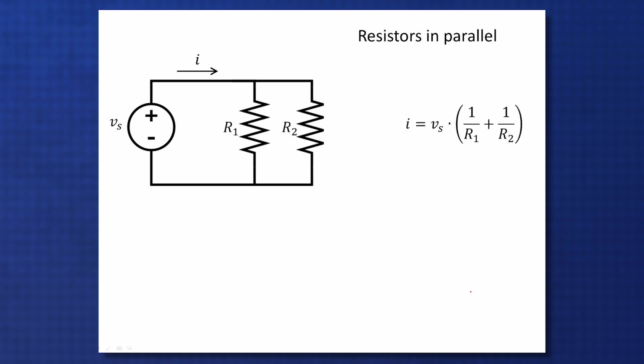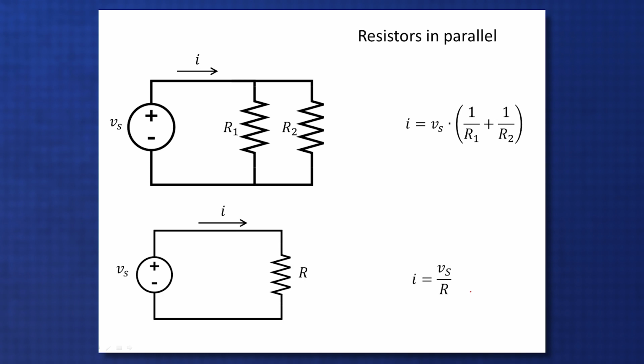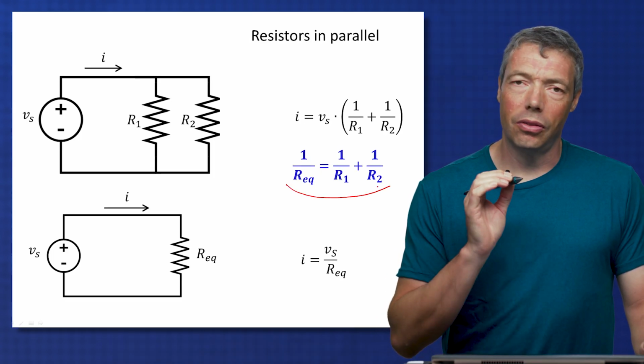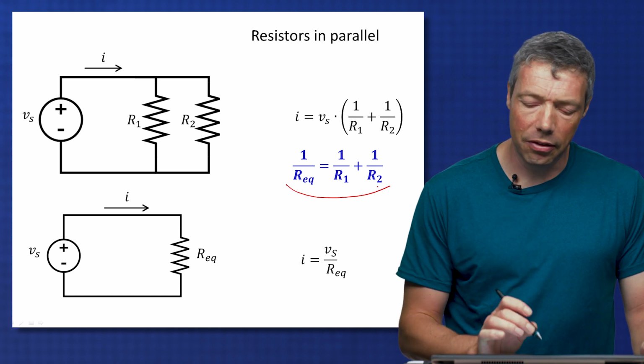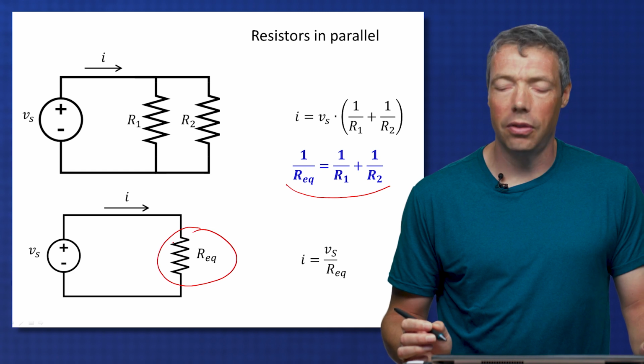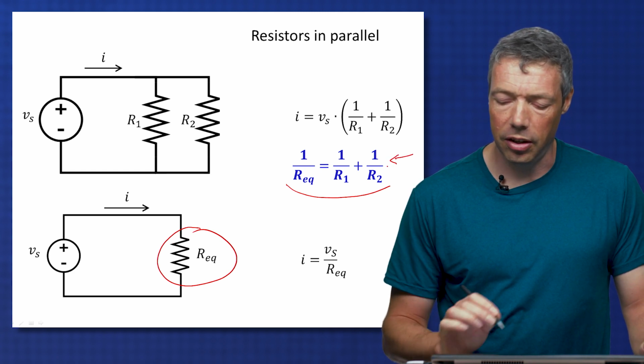And again, when I look at this, this looks very similar to a circuit like this. But now, this R corresponds to this equation, right? So again, my circuit with two resistors in parallel behaves as if these resistors are just one equivalent resistor given by this equation here.